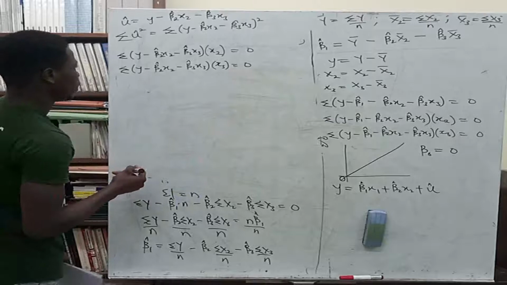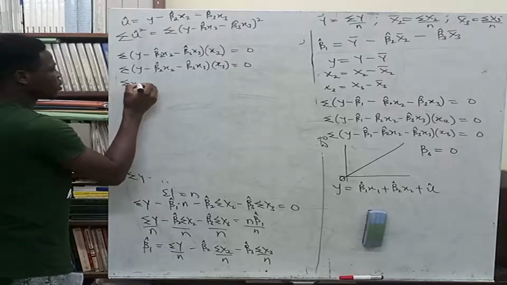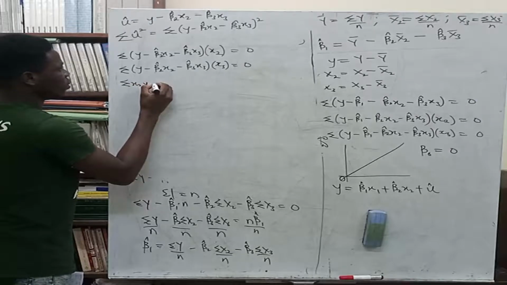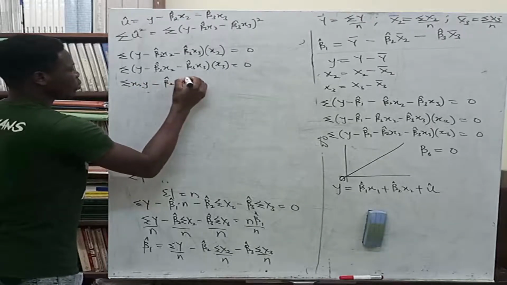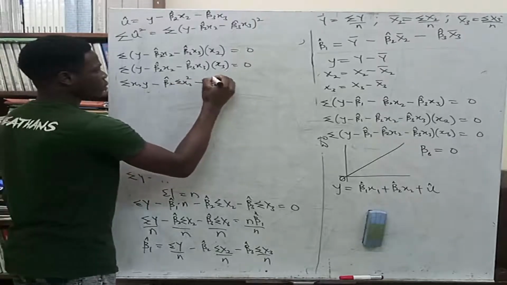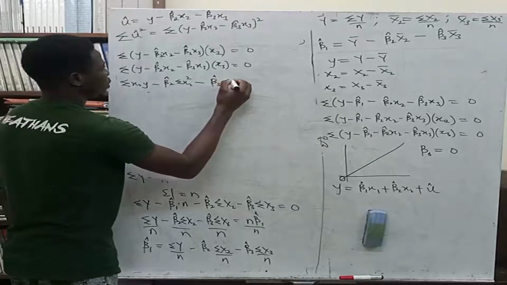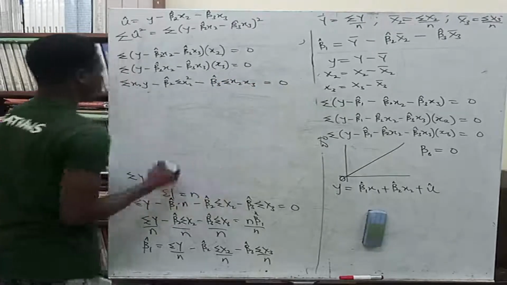So we can expand this. We have summation x2y minus beta 2 summation x2 squared minus beta 3 summation x2 x3 equals 0.